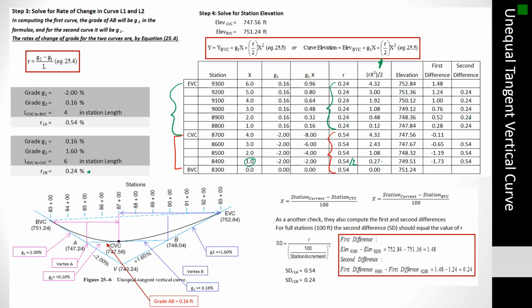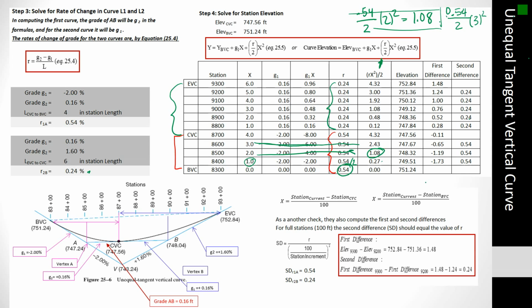So it's 0.54 divided by 2 times, and we'll do this one here, 2 squared, which is going to give us 1.08. The next one would be 0.54 divided by 2 times 3 squared.